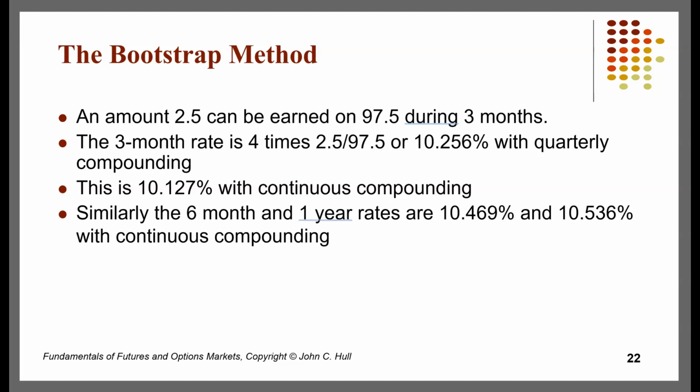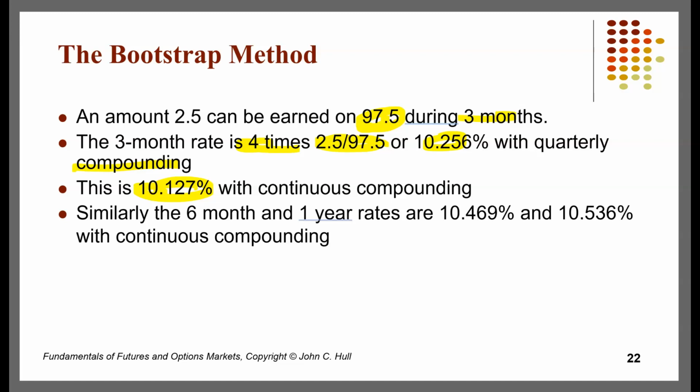So an amount of 2.5 can be earned on the 97.5 during 3 months, and the 3-month rate is 4 times the return, which is 10.256% with quarterly compounding. And when you convert that to continuous compounding, you get 10.127.